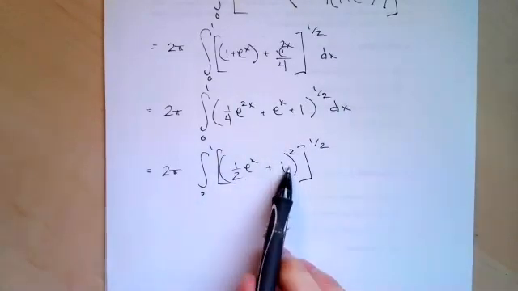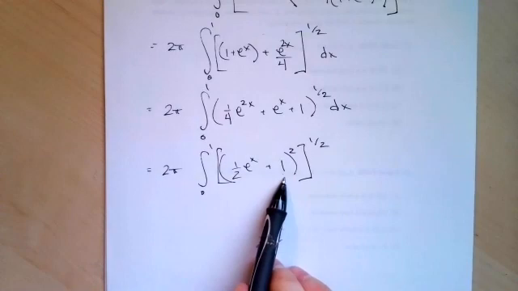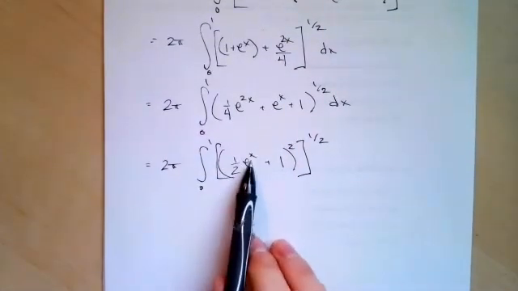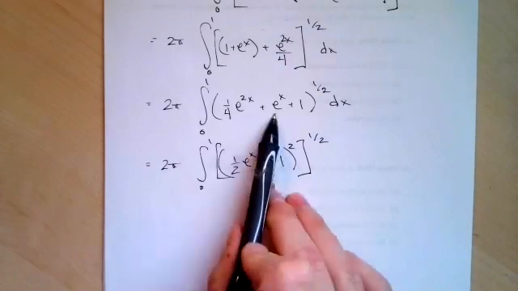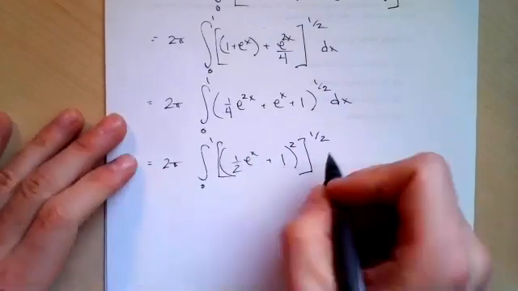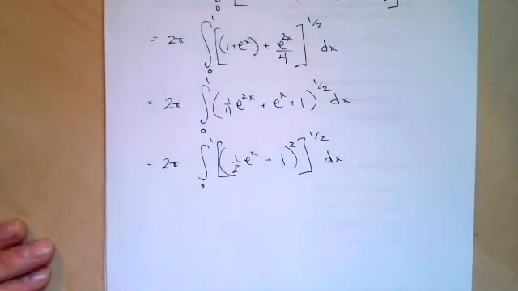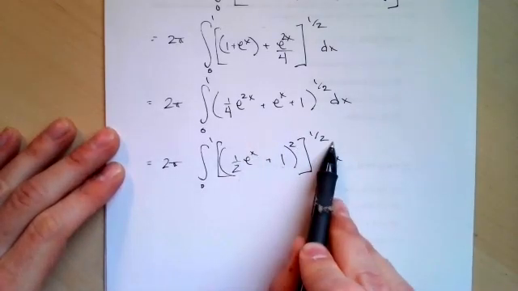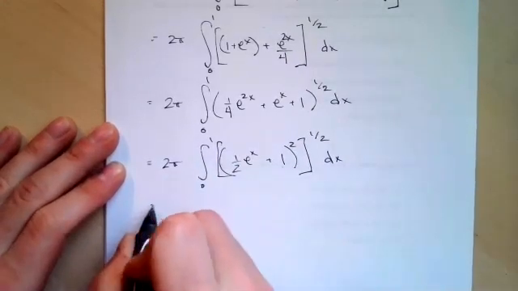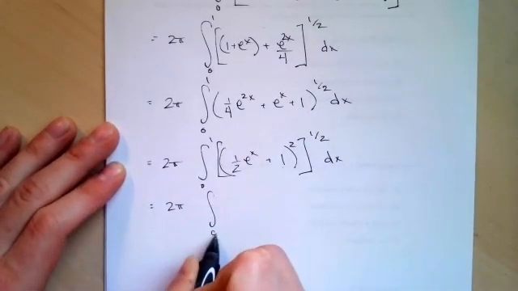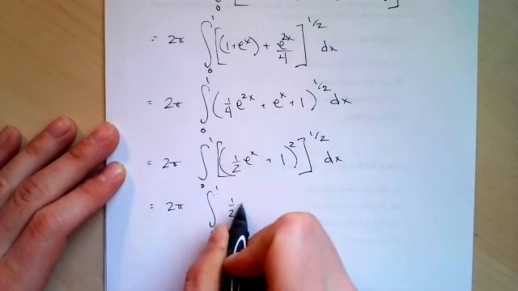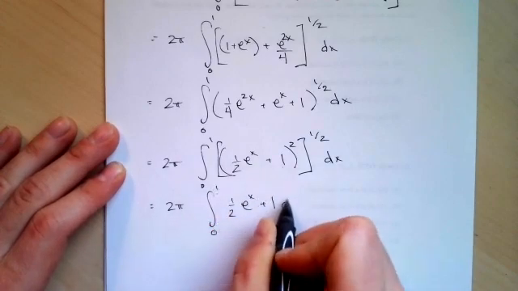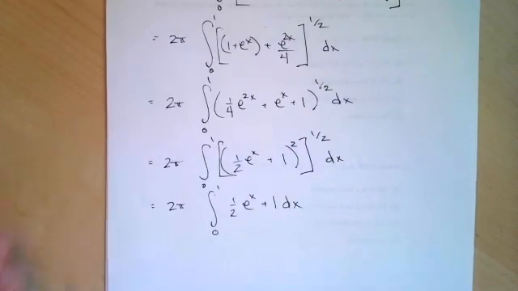And then you can check that if we were to FOIL this out, our middle term would be 2 times this guy plus that guy times that guy, which would give us just e to the x. And so now, nicely enough, we've got a perfect square underneath that square root. Those will undo each other, and we have a much easier integral now.